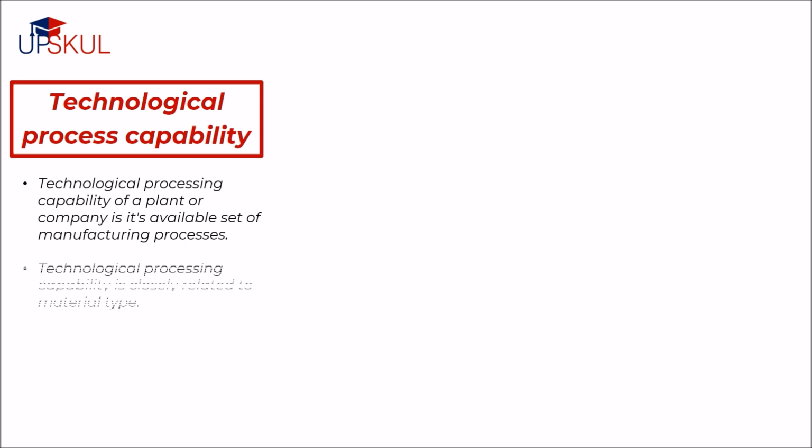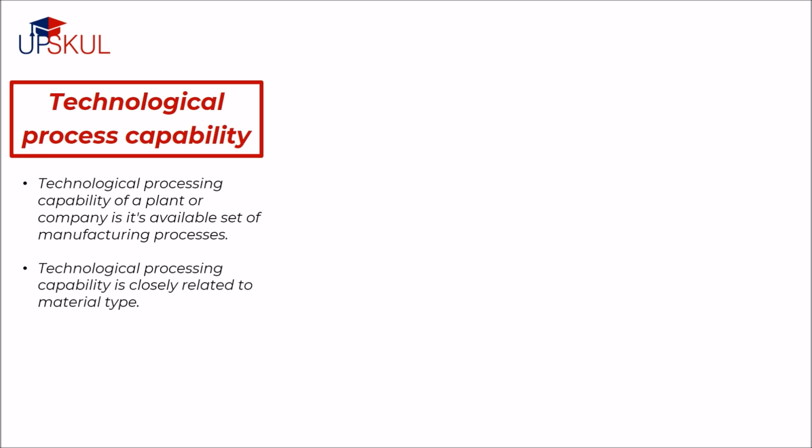Technological processing capability is closely related to material type. Certain manufacturing processes are suited to certain materials, whereas other processes are suited to other materials. By specializing in a certain process or group of processes, the plant is simultaneously specializing in a certain material.